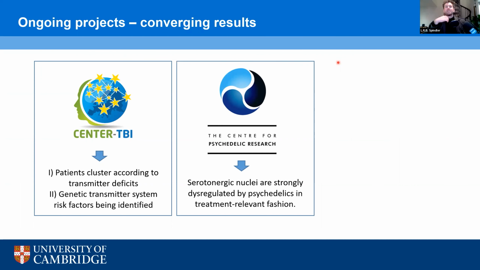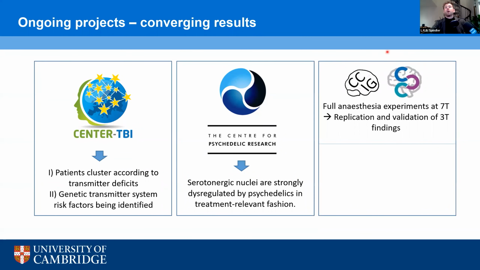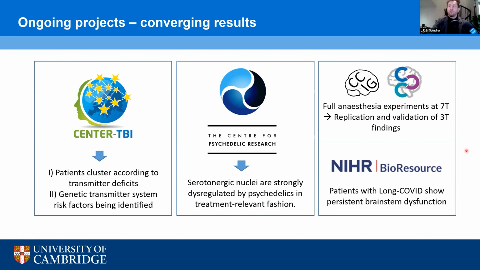We also find that in psychedelic administrations, there's a very selective downregulation and disruption of serotonergic brainstem nuclei, but not of others. And we're also currently trying to replicate our anesthesia results at 7T so that people will believe that this can really be done at 3 Tesla. And finally, we're also looking into how this is being affected in coronavirus survivors in long COVID.